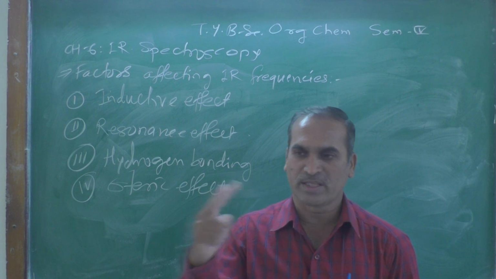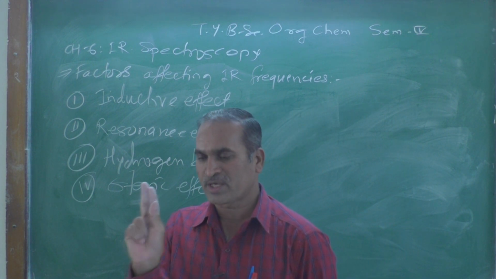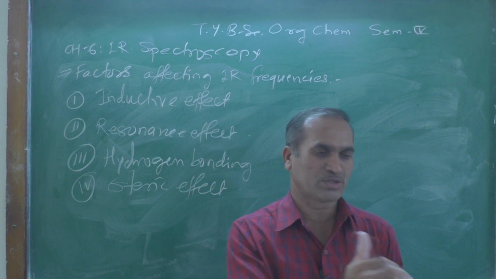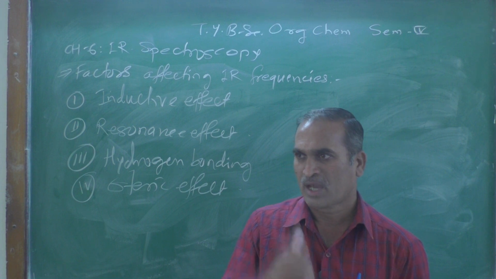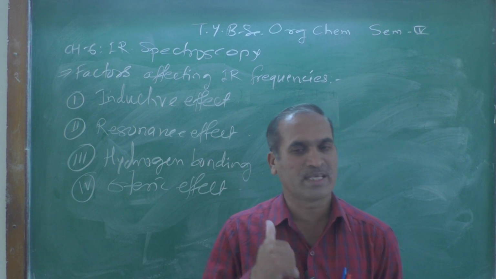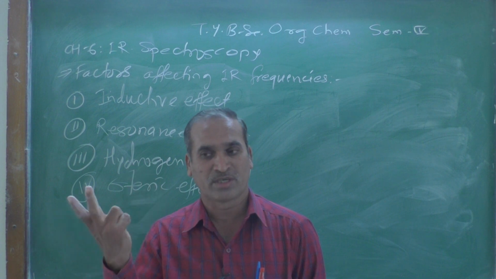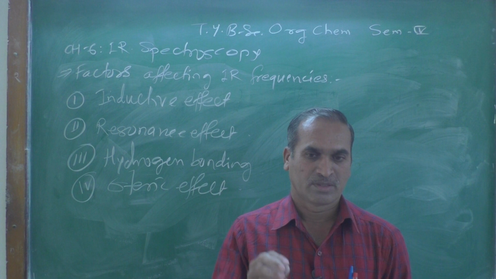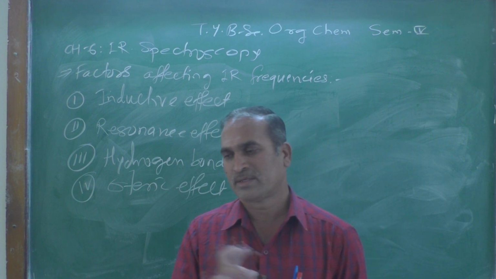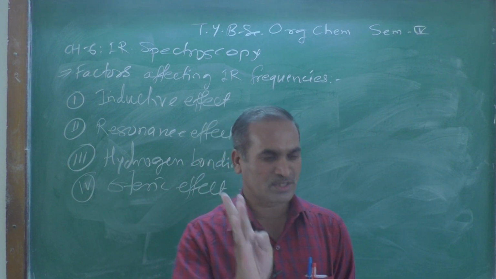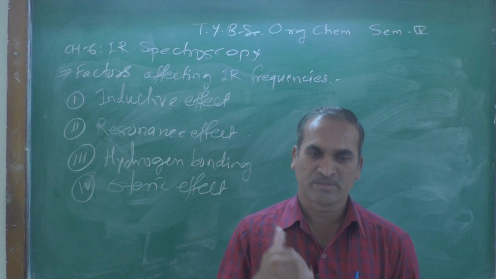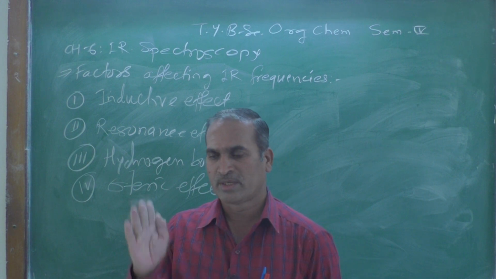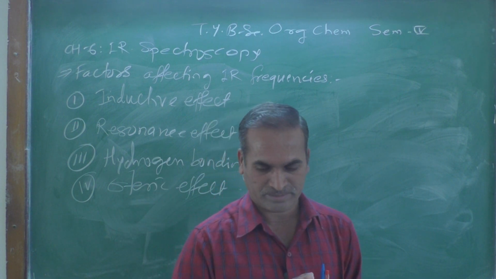Those fulfilling these two necessary conditions can form hydrogen bonds. Elements like fluorine, oxygen, nitrogen, sulfur, and very rarely chlorine can form hydrogen bonds.